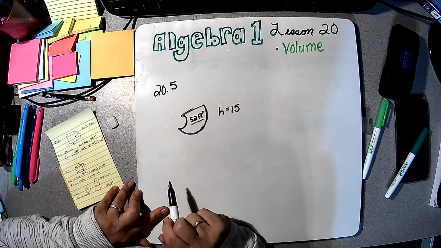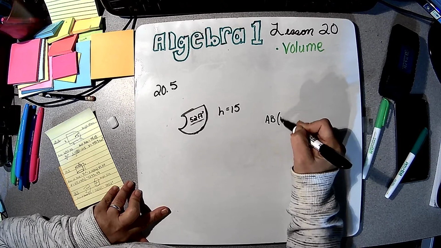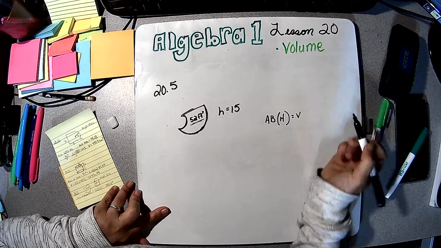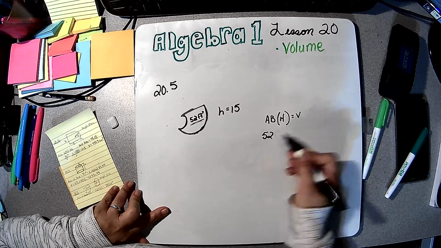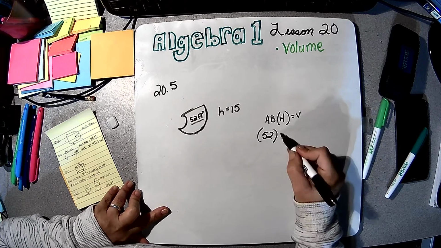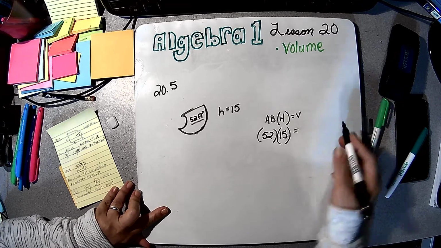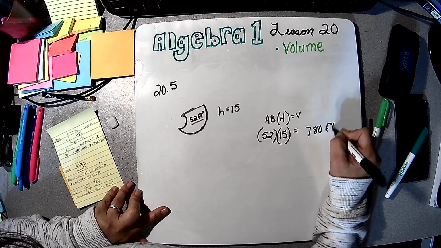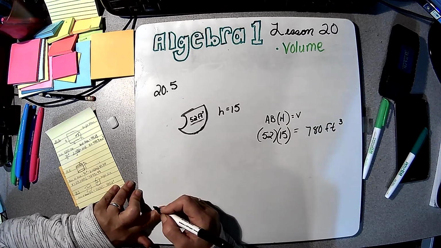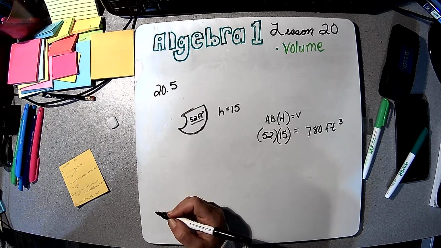It tells us what that is. So all we have to do is area of the base times the height equals volume. So area of the base, 52, times the height, 15. Just multiply those two together, and we're going to get 780, and that's feet cubed. Okay, those are not that hard. Just the area of the base times the height.